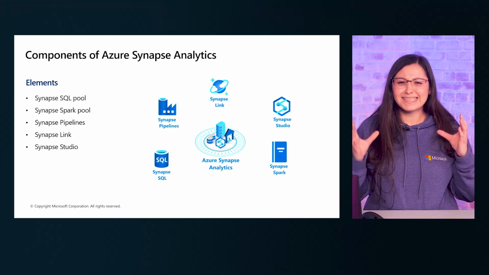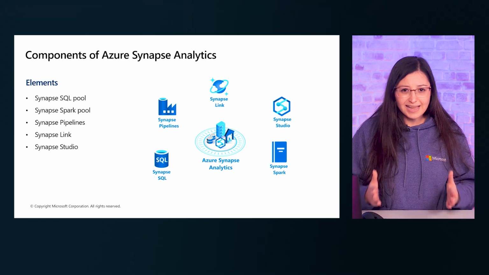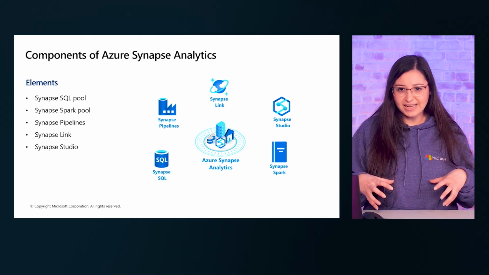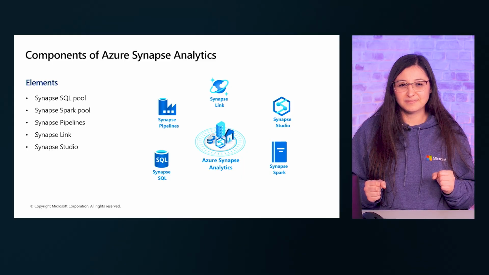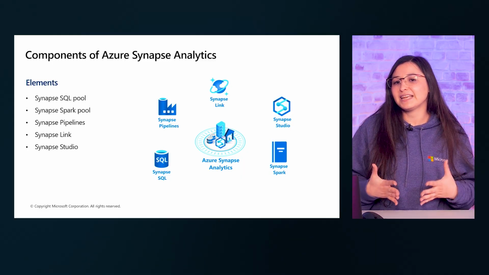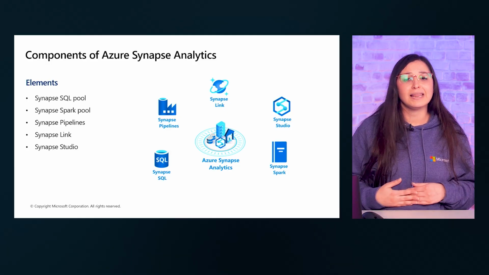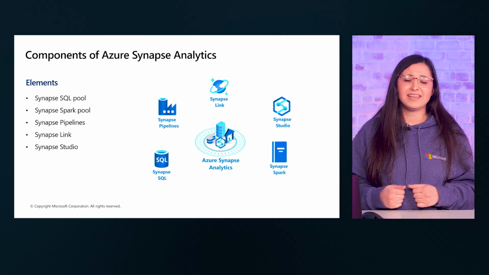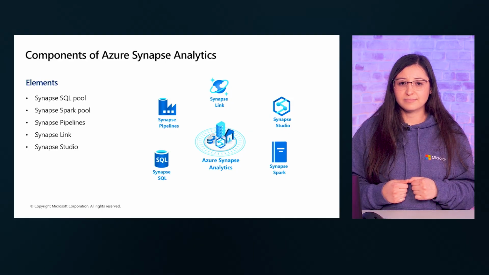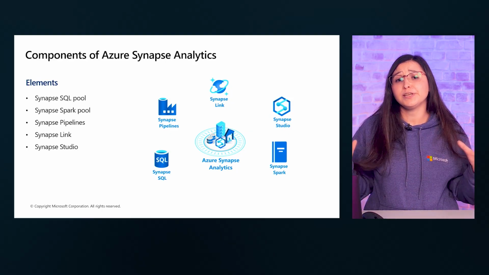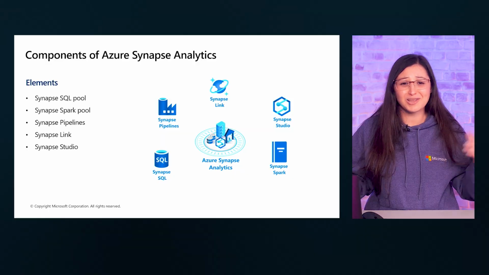Pipelines: it's the same data integration engine as Data Factory, but it is embedded in Synapse Studio. Synapse Link provides near real-time analytics over operational stores like Cosmos DB without heavy ETL. Synapse Studio is the unified UI that allows us to manage everything.